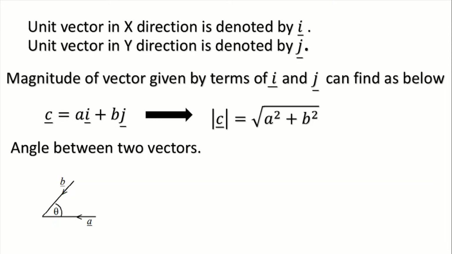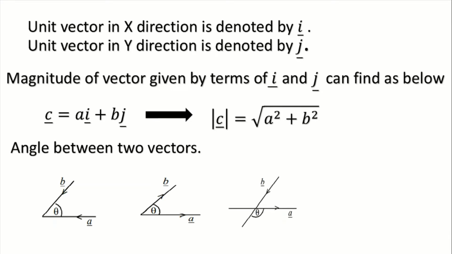The vectors must come towards the same point. Then the angle between these two vectors, theta, is called the angle between two vectors. Or otherwise, vectors must go outward from the same point. Then the angle between the two vectors is called theta.